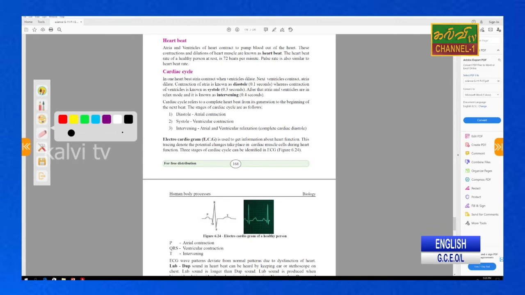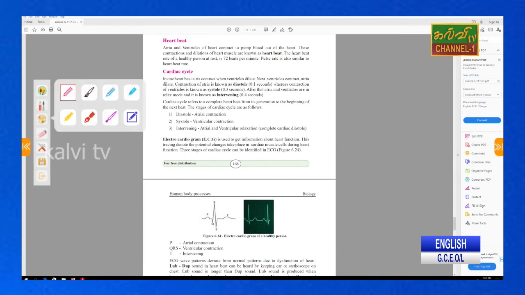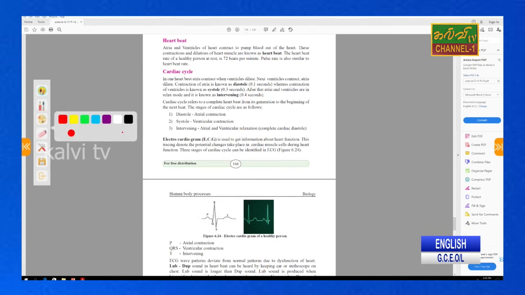Next, ventricles contract, atria dilate. Right? That means your heart. Say this is a normal heart rate.